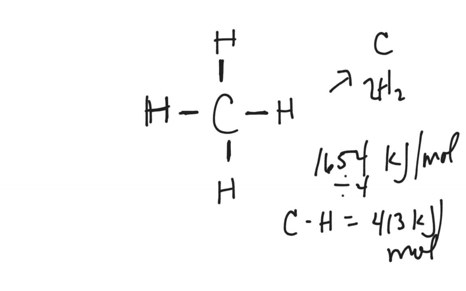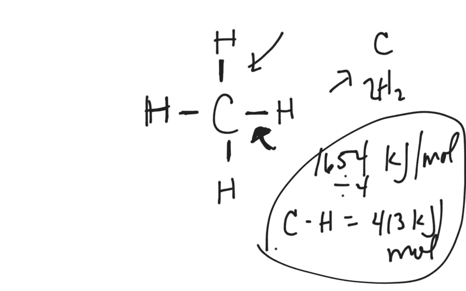Now, could it be that this is 420 and this one is 417? Yeah, sure. Remember, these are models, but we are going to break things down and make it as simple for us as we possibly can. So when we talk about bond energies, we're going to look at them each separately, and we'll just make them as equal as we can.